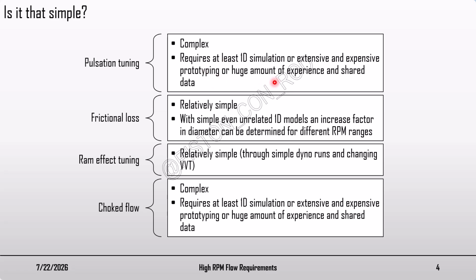It means if you don't have the budget and time for prototyping, you have to use at least one-dimensional simulations. Even this would not be that easy because that simulation model must be able to correctly replicate your engine behavior. So it has to be calibrated.